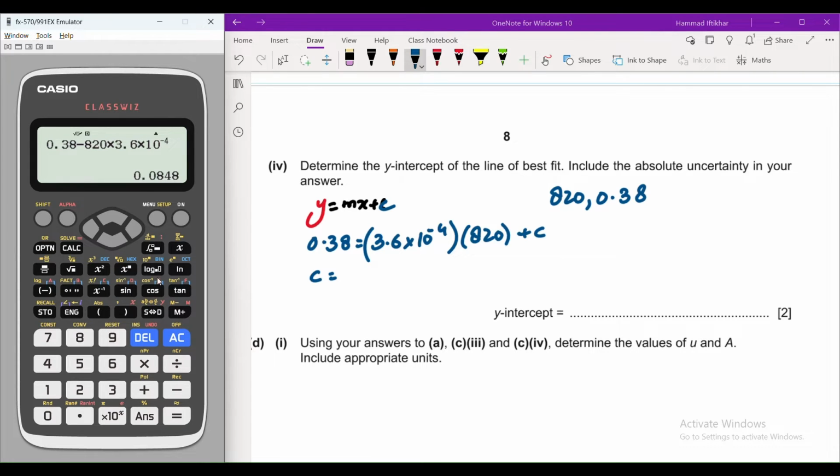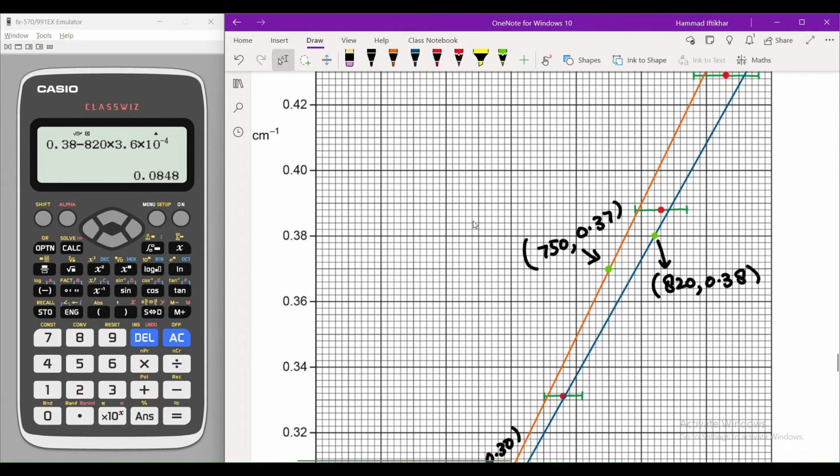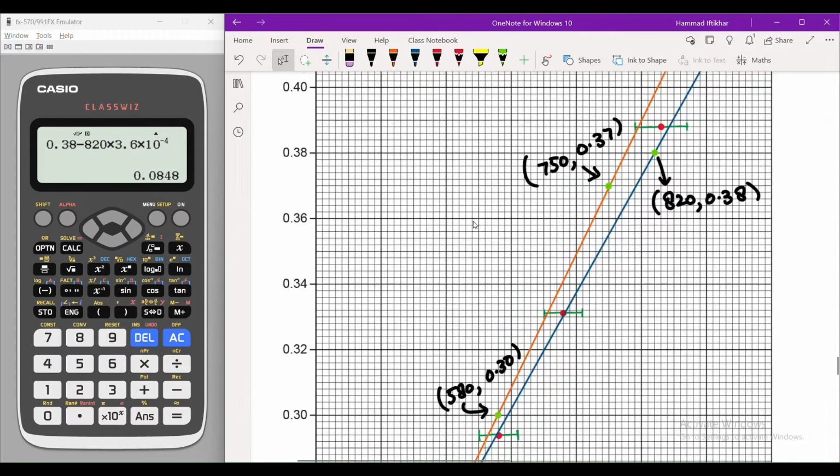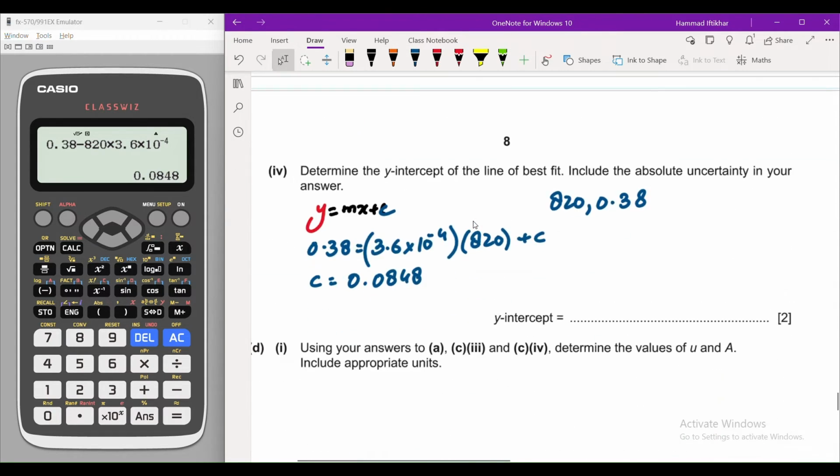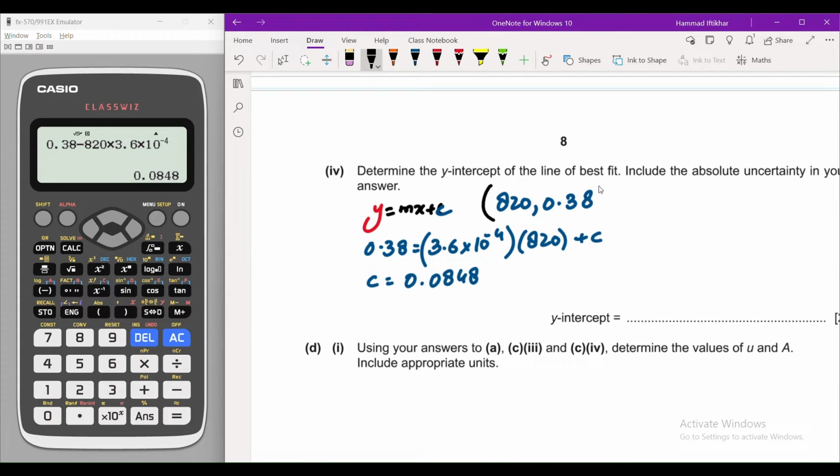So we get 0.0848. Okay. And one point from the, let's say 753, 0.37. Okay, so this was for the best fit. This was from the best fit.